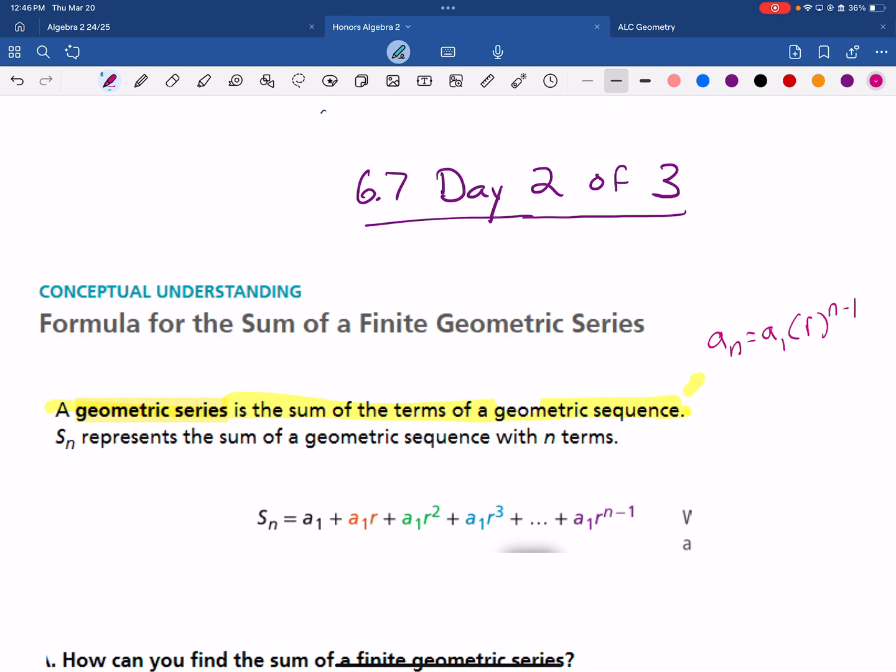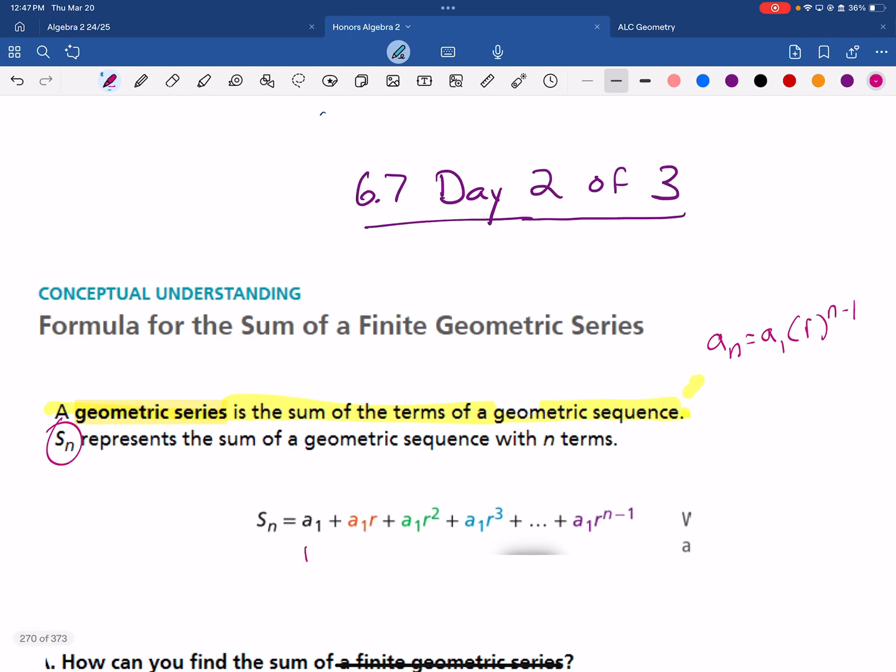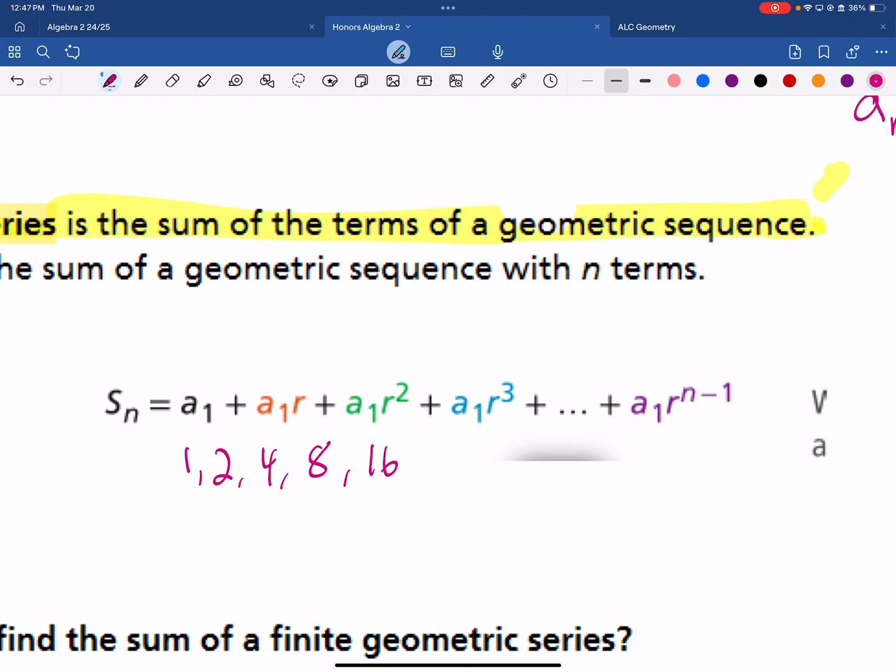Okay? So we're going to find the sum of sequences today by finding the geometric series. Now, a geometric series is represented by S of n. That means you are going to find the sum of the terms of the sequence. So if we have a sequence that's 1, 2, 4, 8, 16, and so on, and I want to find S of 4, that means I want to find the sum of the first 4 terms in that sequence.